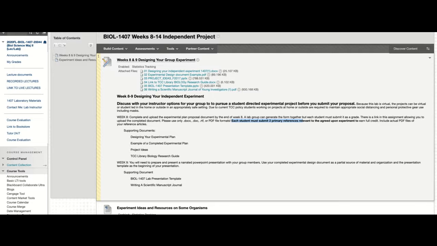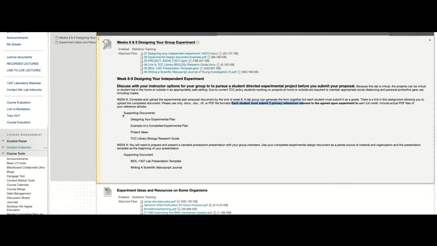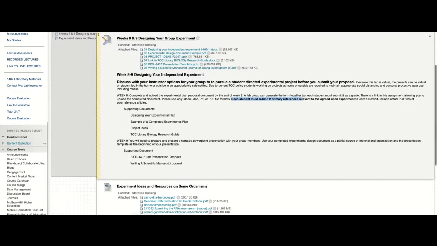Once you discuss it with me and you get it nailed down, exactly what you're going to do, and you find your references, there's some background information that we're going to ask for. This talks about these supporting documents we have.